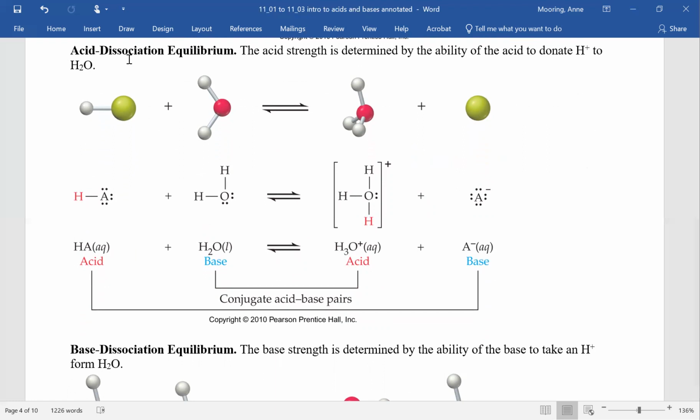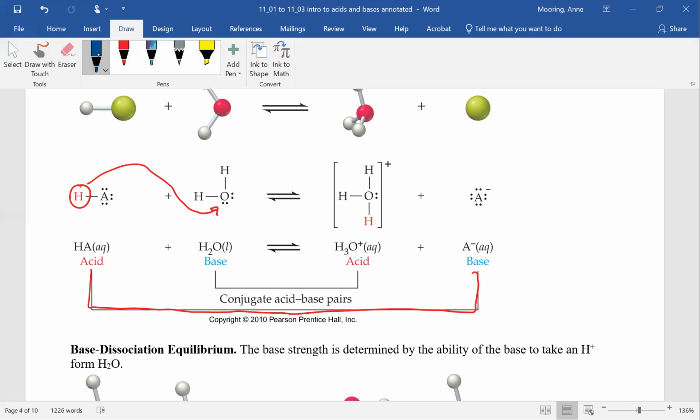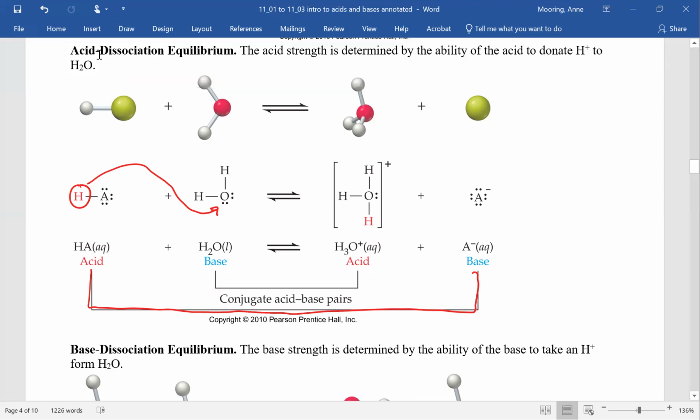In this case, this hydrogen is being donated to the water molecule to make H3O+. We form a conjugate acid-base pair between the HA and the A-.